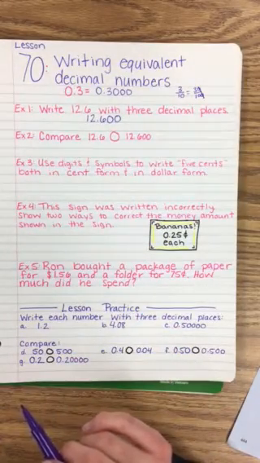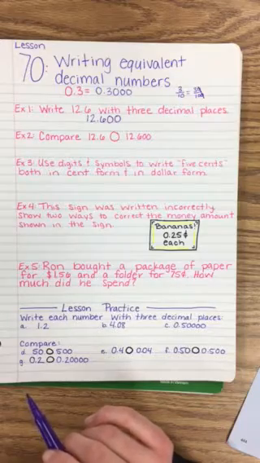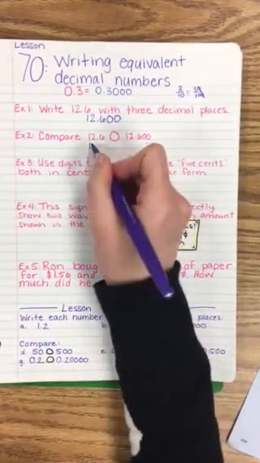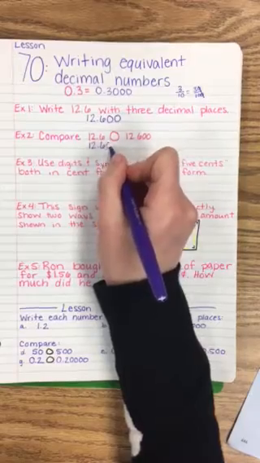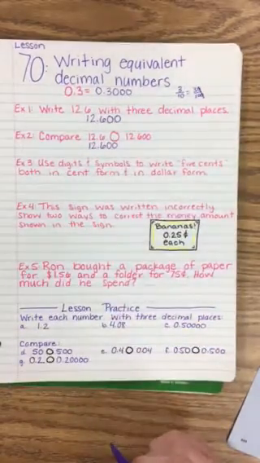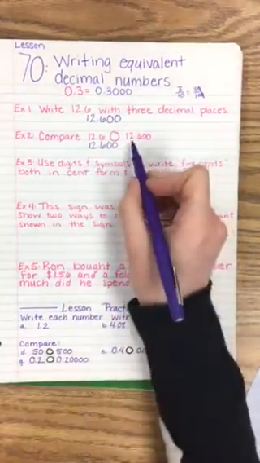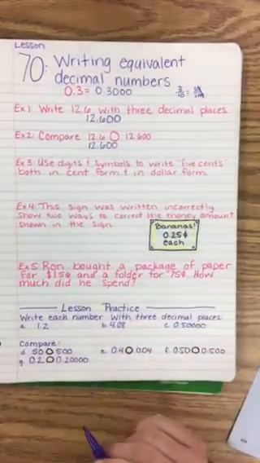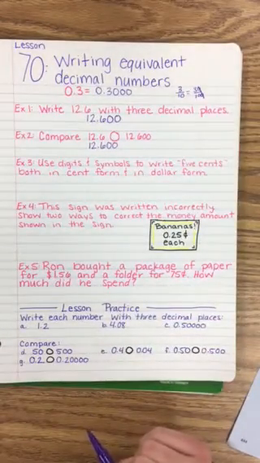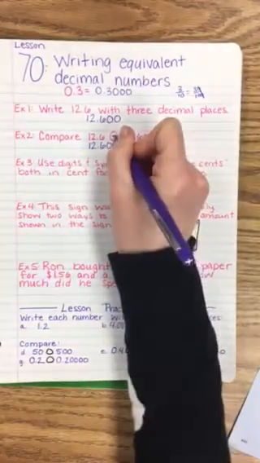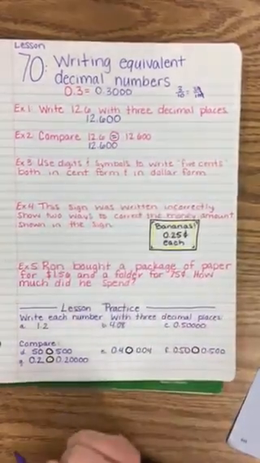But both numbers have a 6 in the tenths place. If we add 2 zeros to 12.6, then we would get 12.600. So we see that the number is the same. So we put an equal sign there.